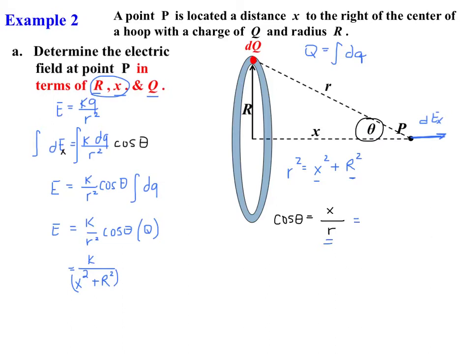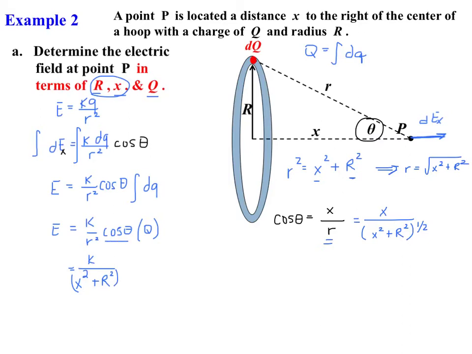So I can actually replace r with the square root version of the equation I wrote earlier, which is x squared plus R squared. And instead of writing the square root, I'm going to write it as a 1/2. Remember that those are equivalent.